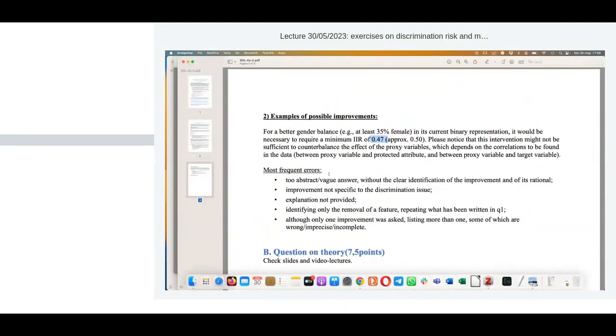Most frequent errors fall in the same categories that we analyzed in the other exams in the past. Are there any questions?